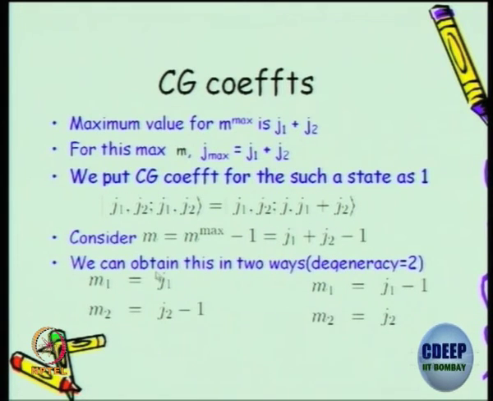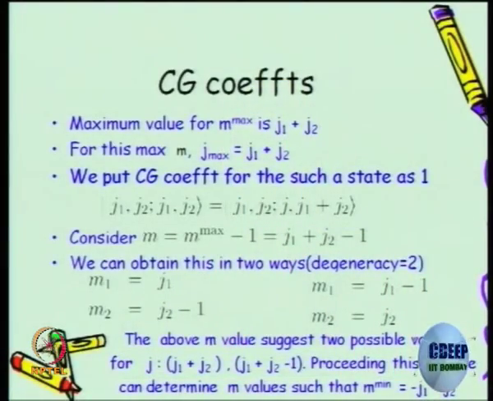There are two possibilities. M1 equal to J1, M2 equal to J2 minus 1. Another possibility is M1 is J1 minus 1 and M2 is J2. So, this is a systematic way in which we can keep lowering the steps and seeing what the degeneracies are, which two states can contribute.